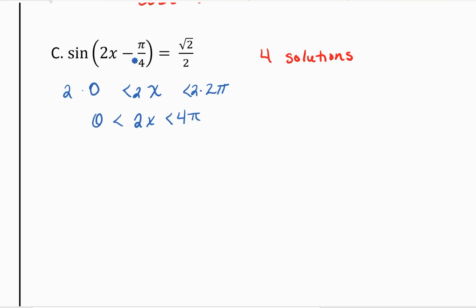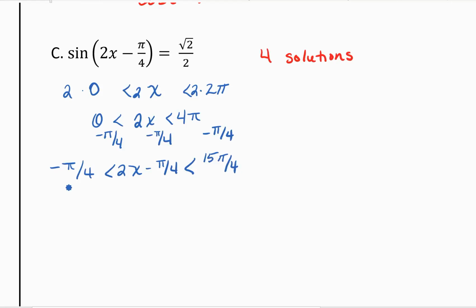Now we're going to subtract pi over 4 all the way across. We need to look from negative pi over 4 to, now 4 pi would be 16 pi over 4, so minus pi over 4 would be 15 pi over 4.